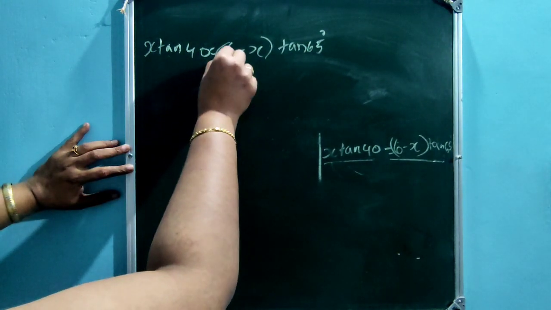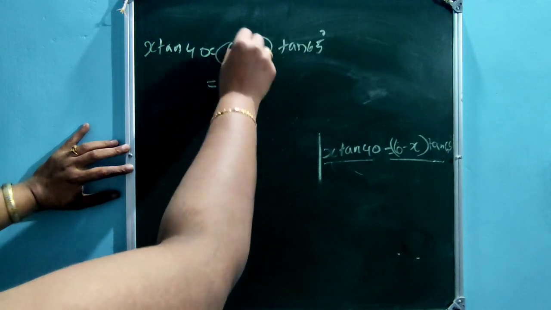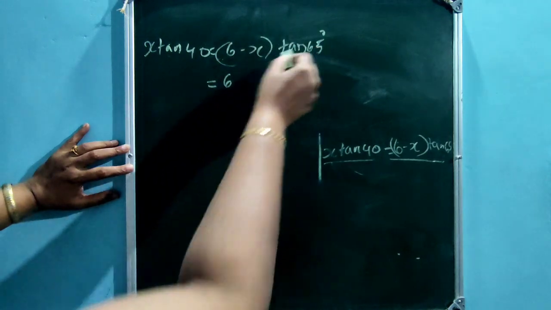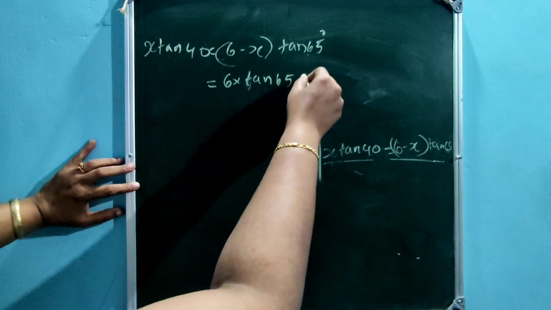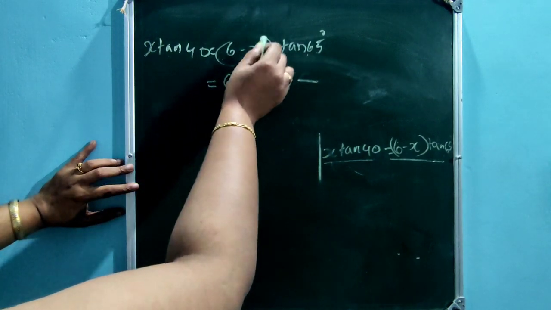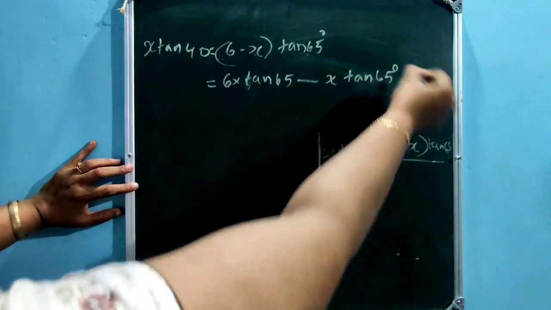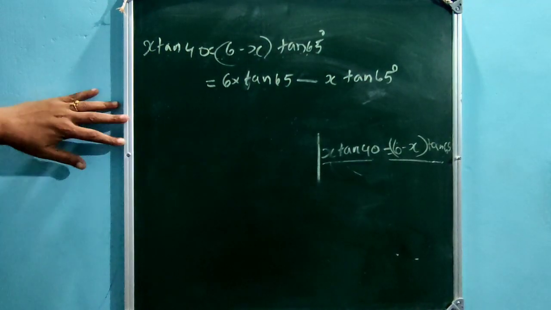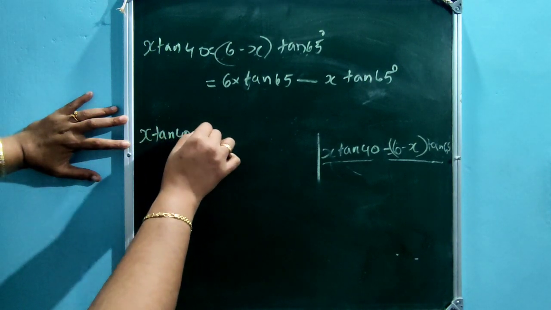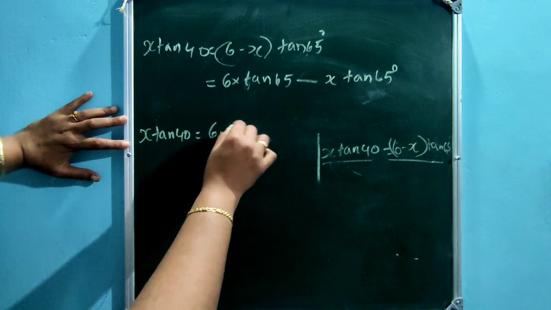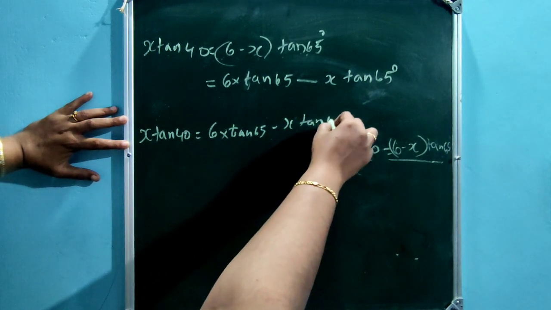If we open this bracket, we have 6 into tan 65 minus x into tan 65. So I am going to rewrite this equation again: x tan 40 is equal to 6 into tan 65 minus x tan 65.